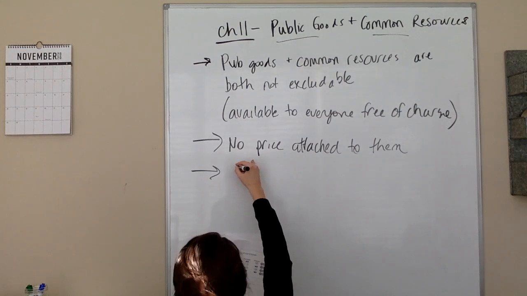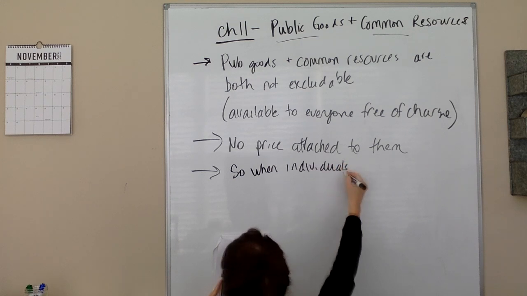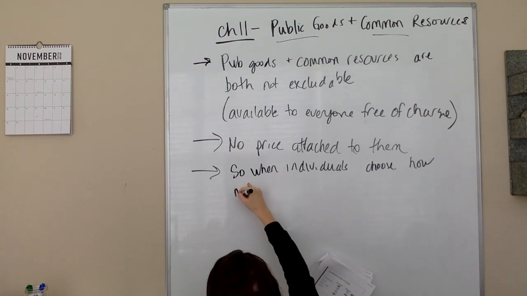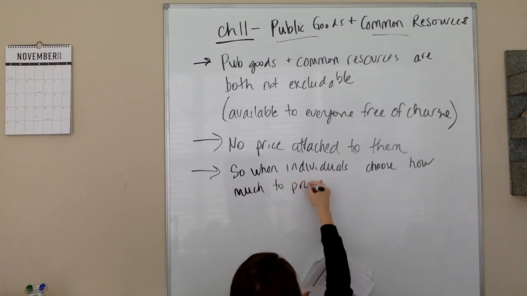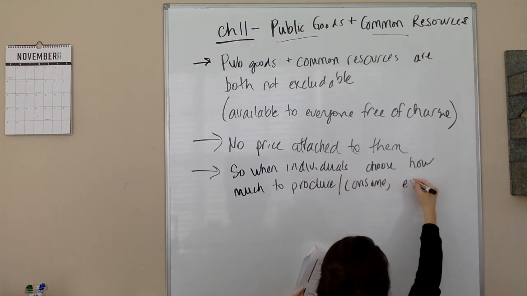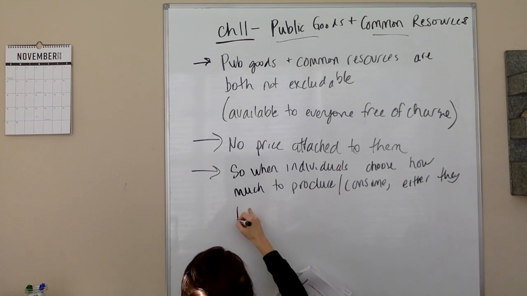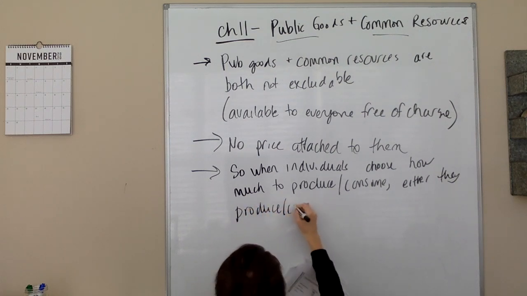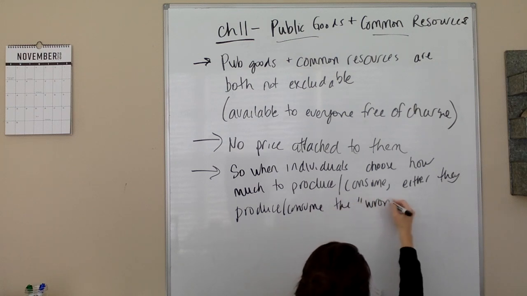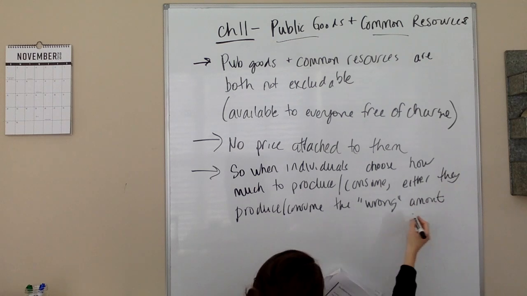So when individuals choose how much to produce or consume, either they produce or consume the wrong amount relative to what is optimal.